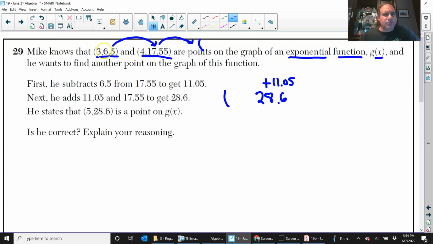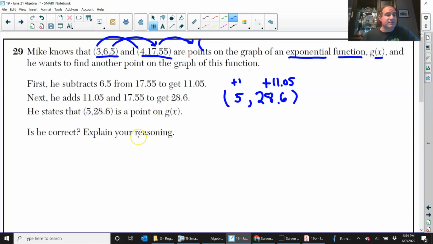And then he sees that the x's go from 3 to 4 and figures that it is 5 because this is a plus 1. So the x's are increasing by 1, and he thinks that the y's are increasing by 11.05. And he states that 28.6 is a given point on g of x.